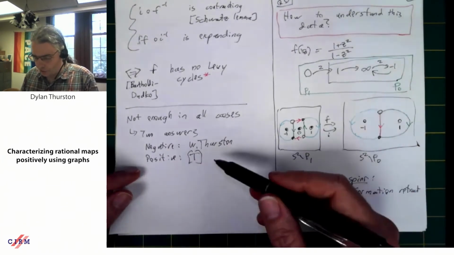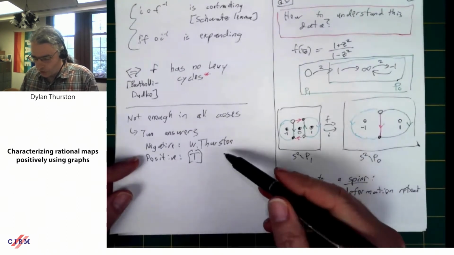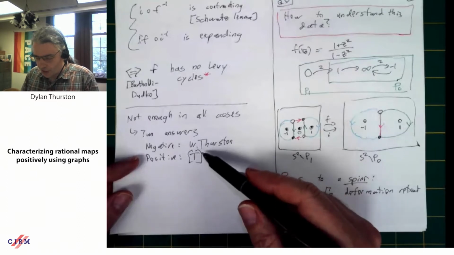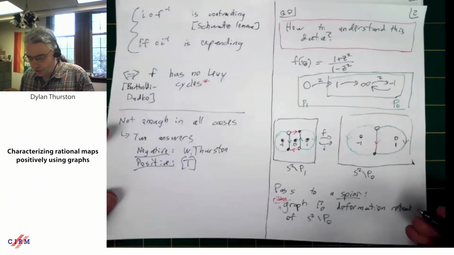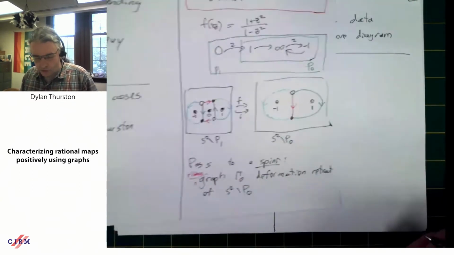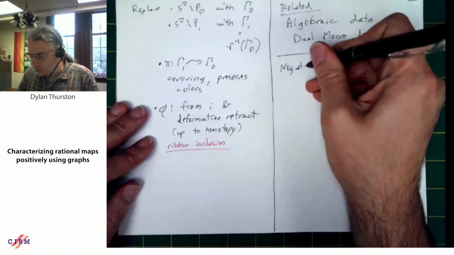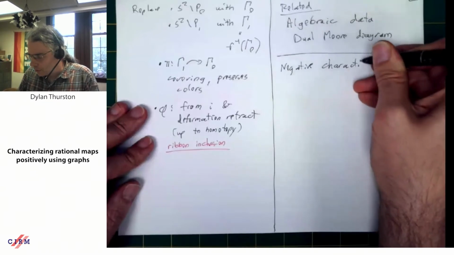And I wanted to give, I think there were 2 answers, one negative and one positive. Let me briefly review the negative answer. Certainly not going to prove anything before stating the positive one. So the negative characterization, which is more familiar.